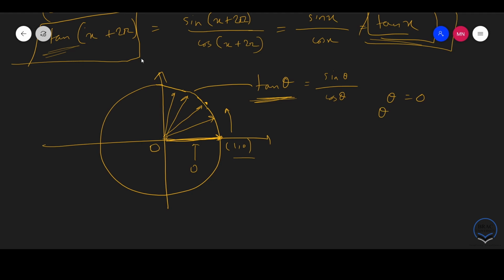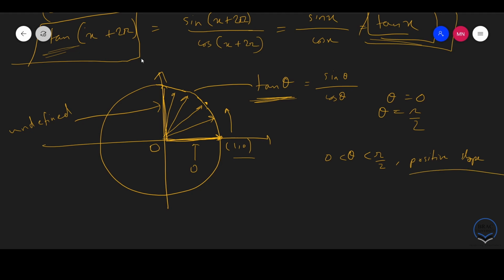And once we reach theta equal to pi by 2, we end up with a straight vertical line, and the slope of a straight vertical line is undefined, right? So when theta is less than pi by 2 but greater than 0, we have a positive slope, so tangent of theta will be positive.